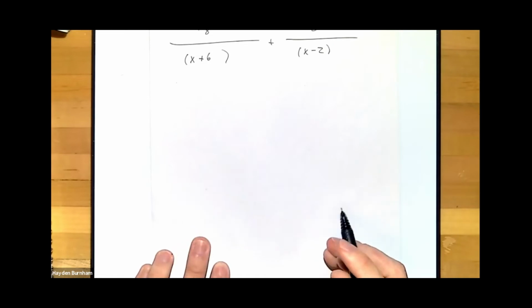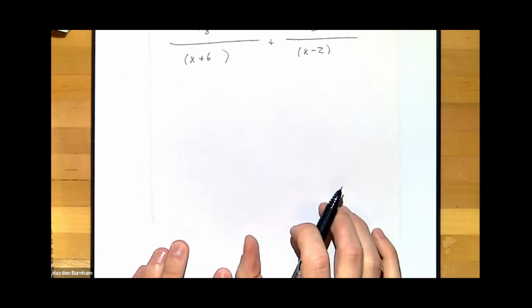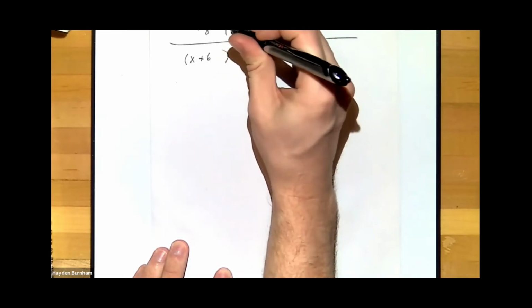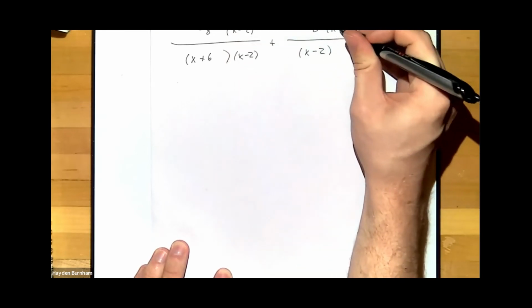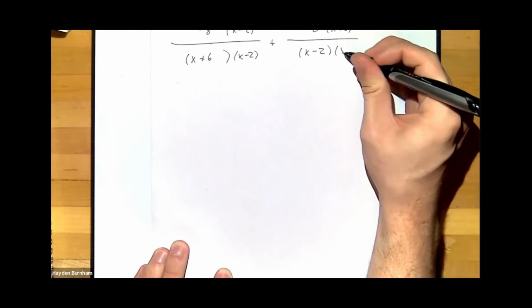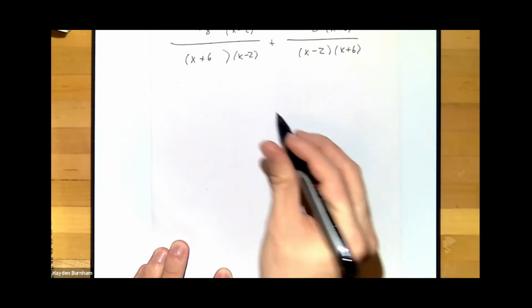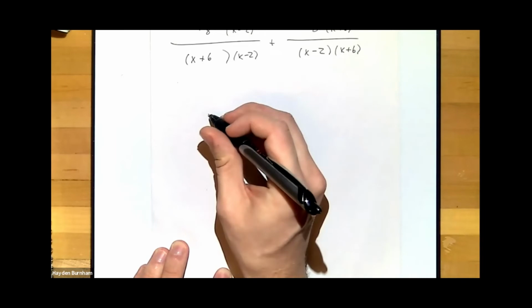So if I want to get the original equation back, I would combine these together. So I'd multiply this by an x minus 2, multiply this by an x minus 2, multiply this by an x plus 6, multiply this by an x plus 6, right? And now since these are the same, they can combine together.